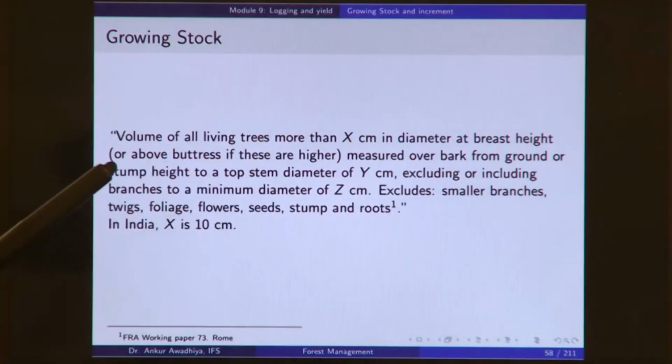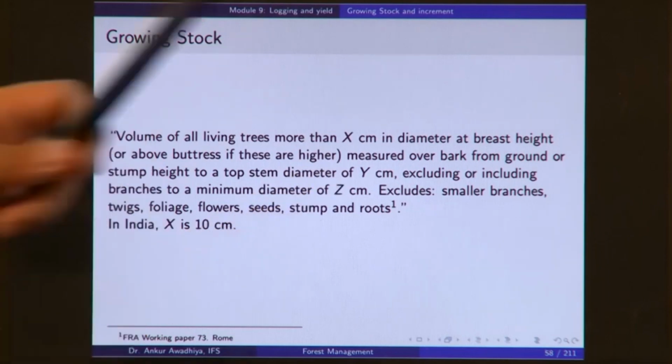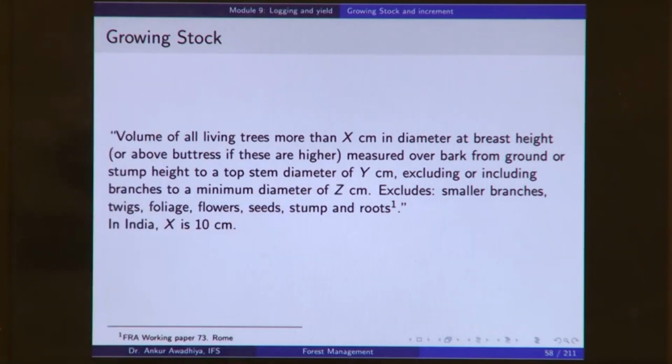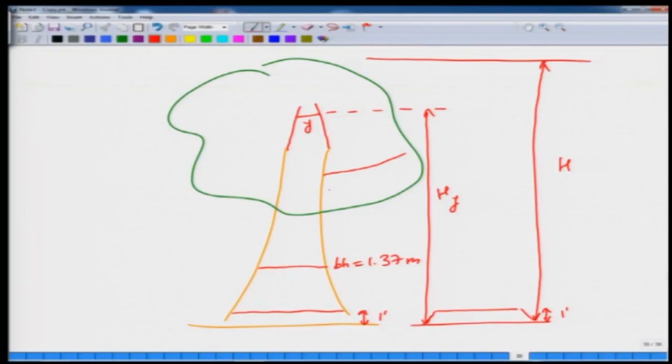Excluding or including branches to a minimum diameter of z centimeter. What is it saying? It is saying that if you have a branch and if the diameter of this branch is, let us say, z centimeter here, you are going to take this measurement as well.